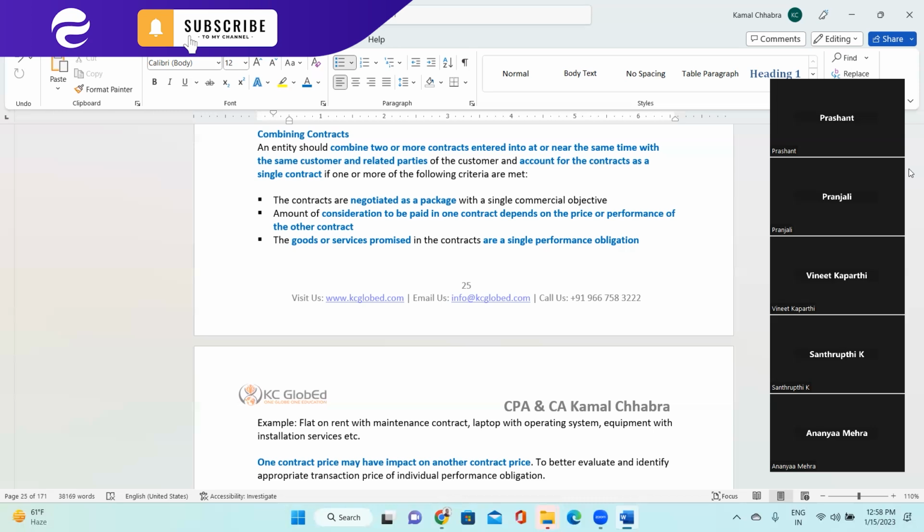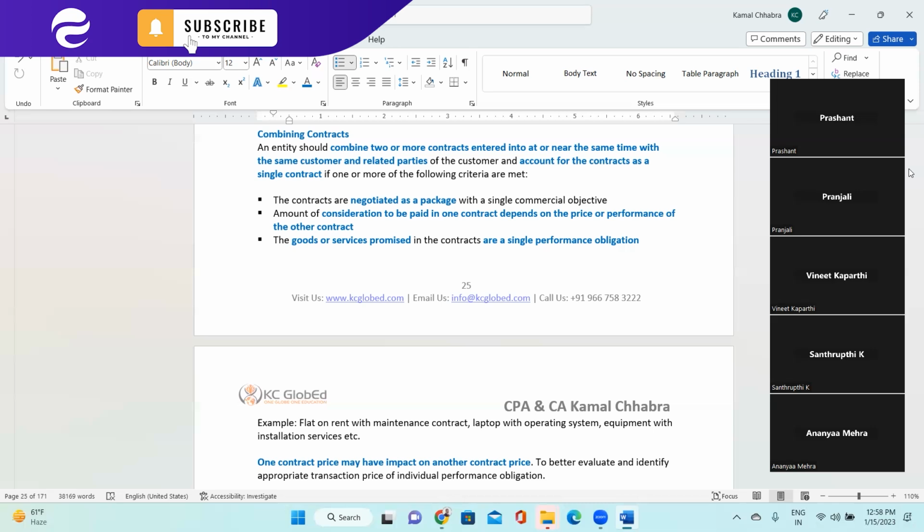You cannot use the house without taking maintenance services in the apartment. In the same way, you cannot use the laptop without the operating system. Hence, those kinds of contracts can also be combined together.